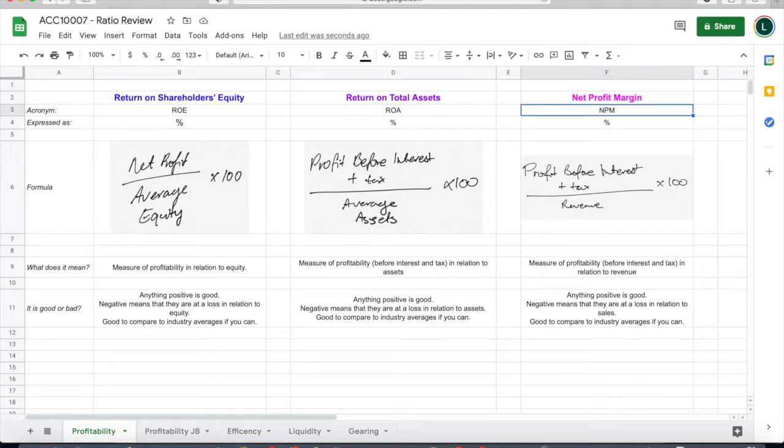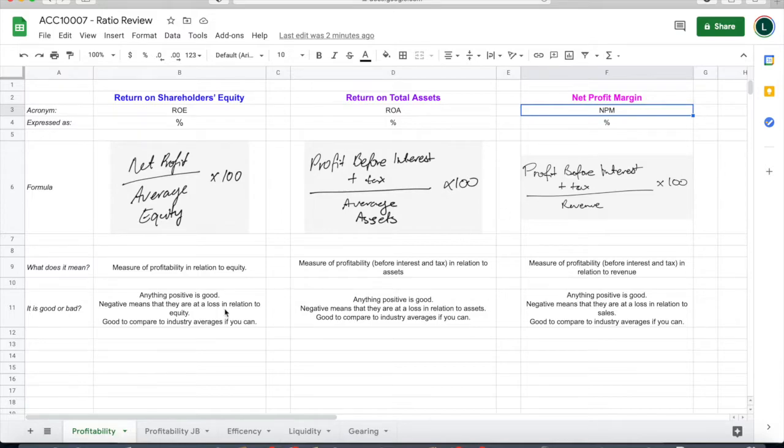Basically what we're doing is we're measuring profitability in relation to whatever the ratio is. So here we're measuring profitability in relation to equity, here we're doing it in terms of assets, and here we're doing it in terms of our total revenue. So we're seeing how much profit is being made in terms of either equity, assets, or revenue.